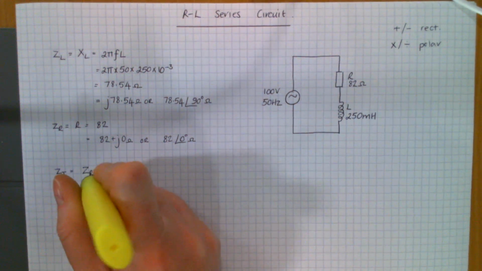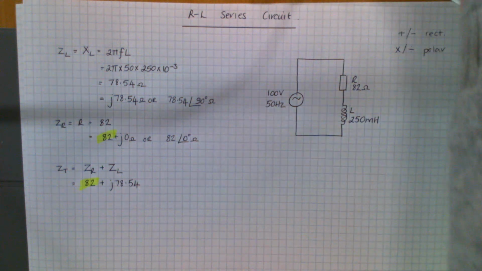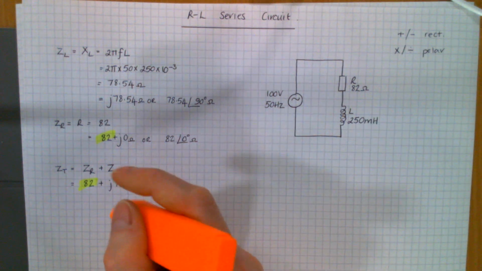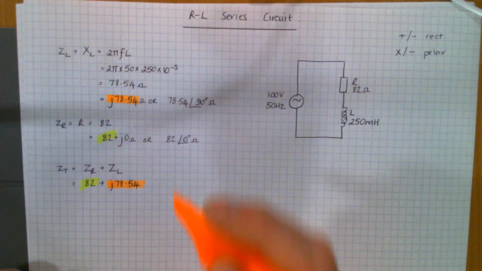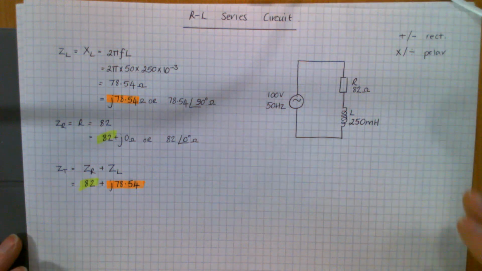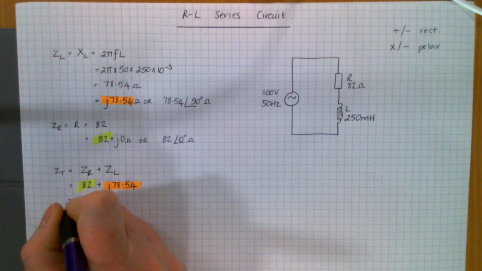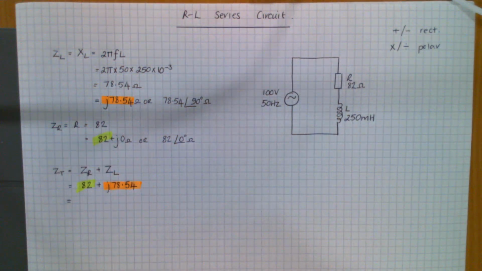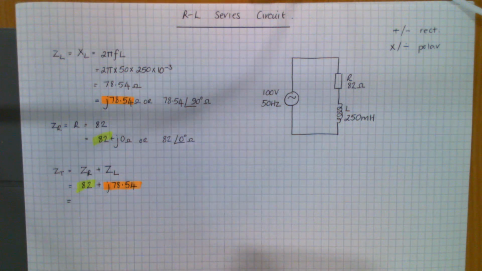So you've really got your 82 coming from here, and your J78.54 coming from there. Now your final answer should all be in polar form, so you're going to convert that from rectangular to polar form.